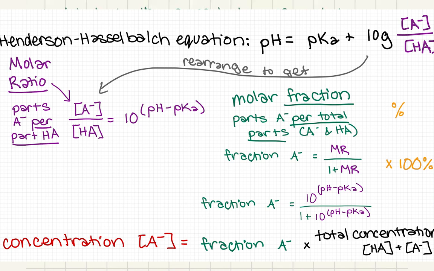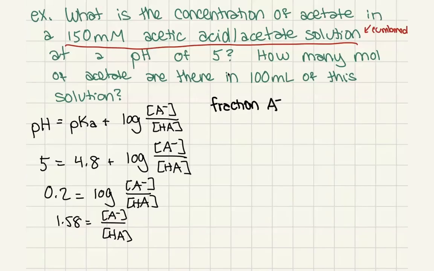So what we could do is find out the fraction that is A minus, which is going to equal 1.58 divided by 1 plus 1.58. So we're going to get 1.58 divided by 2.58, and that'll give us a value of 0.61. So that is the fraction of it that is in the deprotonated state, but we want to know the concentration.